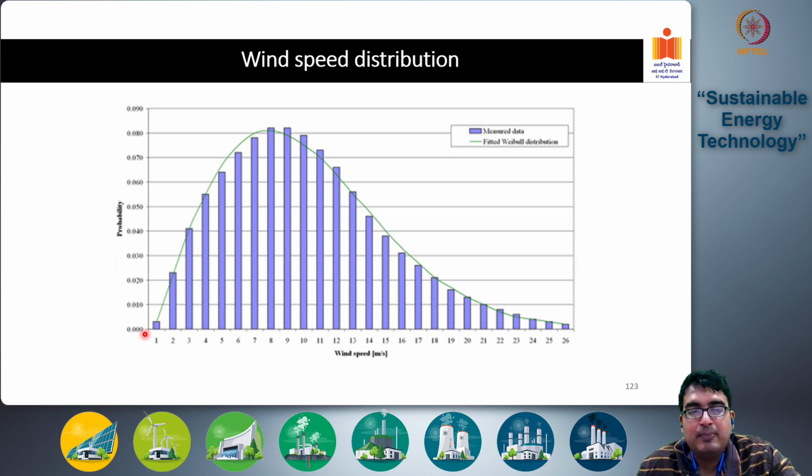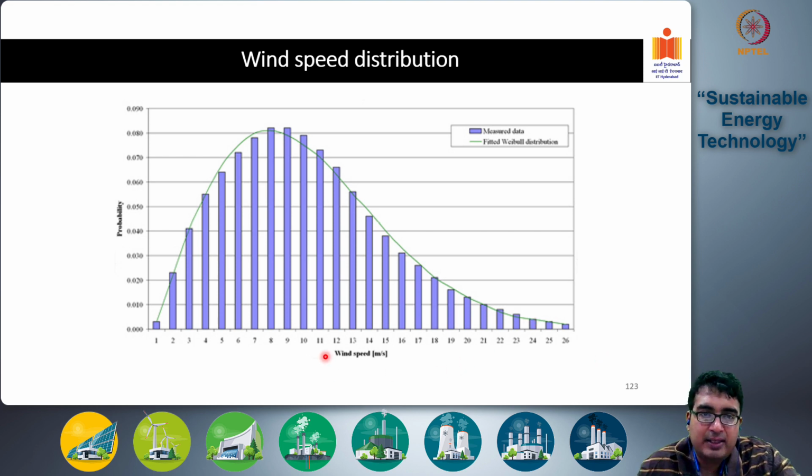The wind speed varies from 0 to 26 meters per second and it is a discrete wind speed graph: 1 meter per second, 2 meters per second, 3 meters per second. So it's a bar graph kind of structure.